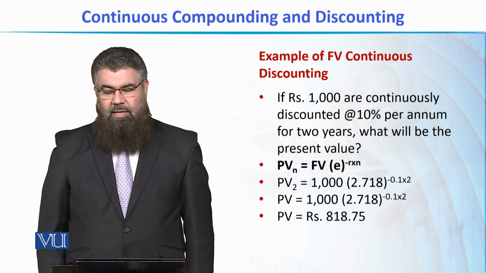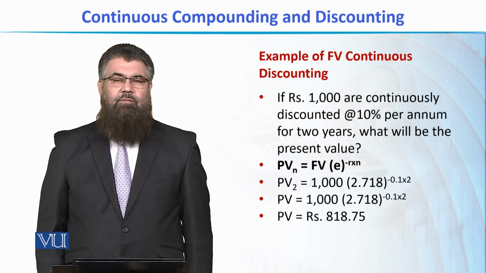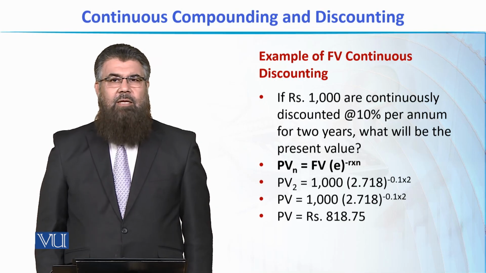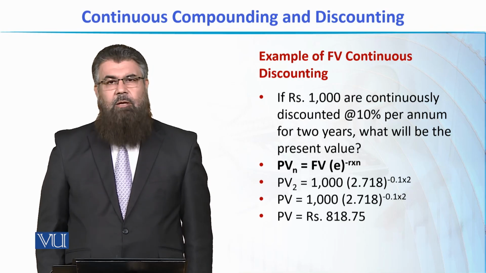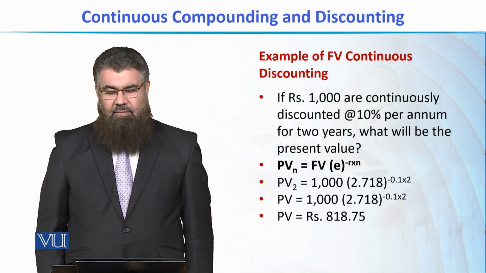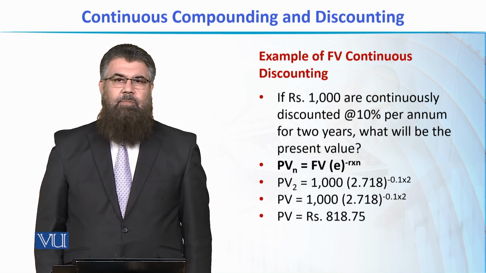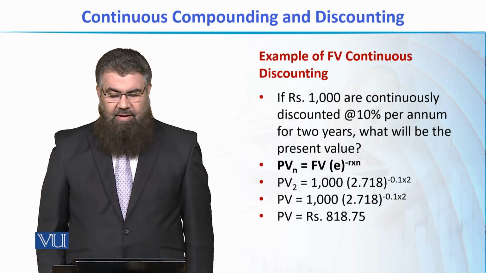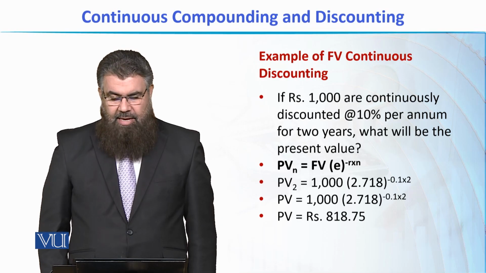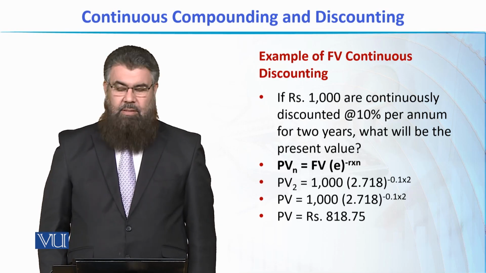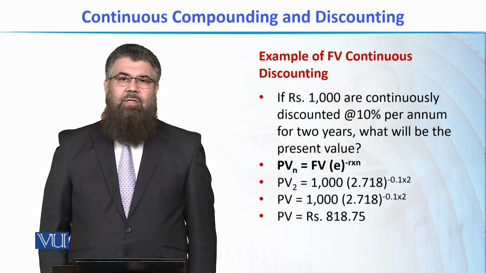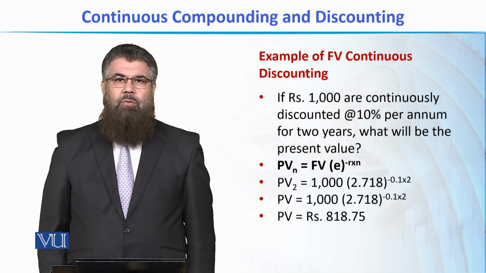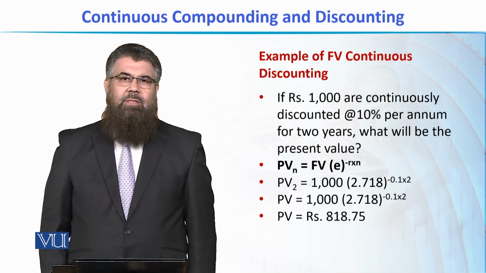So if we want to calculate the value for 3 years, 4 years, 5 years, and at 10, 20, 30, 15, 18, any percent of interest, we can make the changes in the power and we can calculate the value. So we have got a value equal to 818.75, which is the present value using continuous discounting.